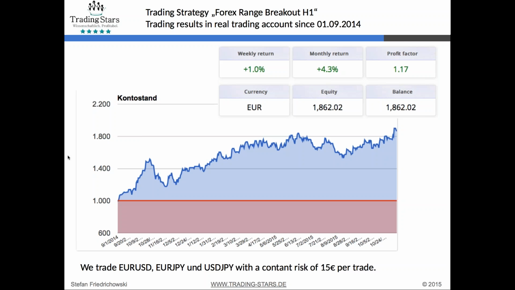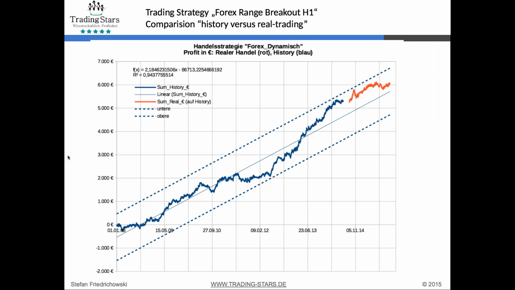A good thing is now to compare this live result with the backtest result, the back forward test result in the long-term period. And you can see that in this slide, all the red lines is the live trading account, and the blue line is the history according to the back forward test. Still, it fits quite well. We have nearly the same slope.